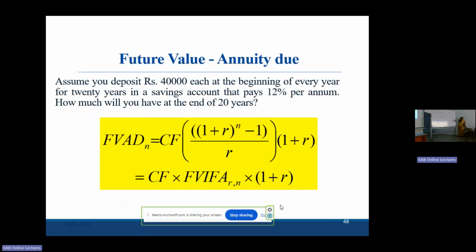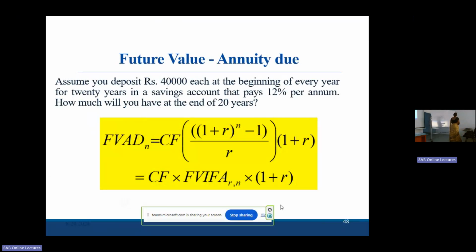Therefore its time value is high, and that is reflected in the larger compounded value. The theoretical reason I want to show you is the time value of money. Mathematically that is correct because we are multiplying by 1.1, 1 plus r. But the theory behind this is the time value of money. In this case, if it is an annuity due, you are getting cash flows immediately, at the beginning of the period. So you are getting them early.